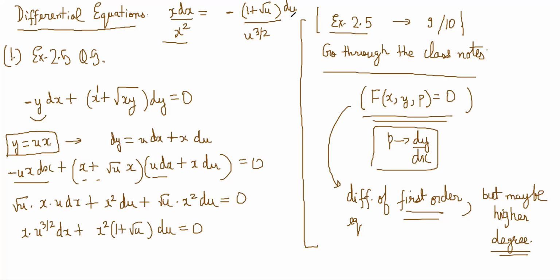This part we can separate out into fractions, minus 1 by u power 3 by 2 minus 1 by u, du, right? And then that's it. This is going to be done, right? So what was important to notice here was that this was power 1, and power 1. So homogeneous substitution, right? So that is possible, and then we get the answer, right?